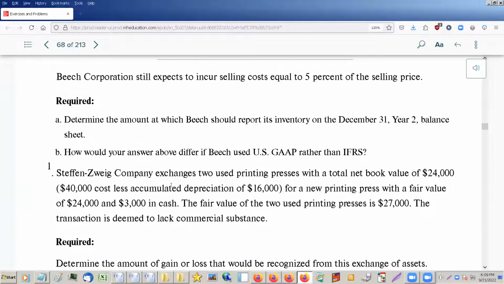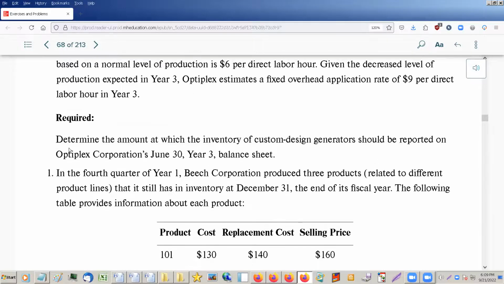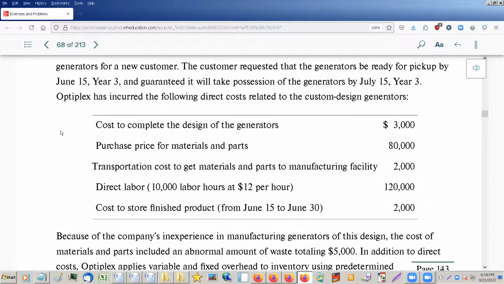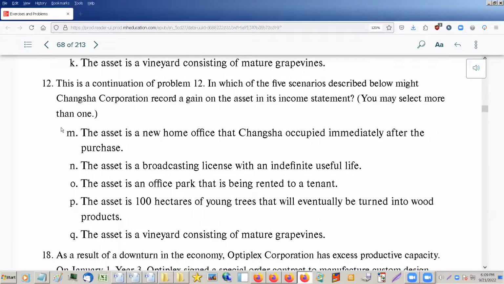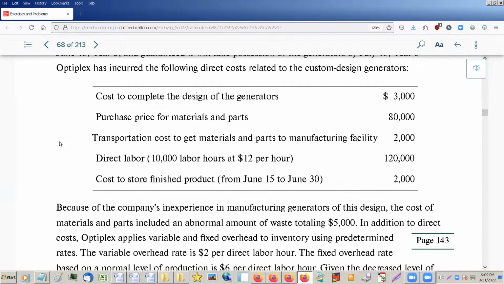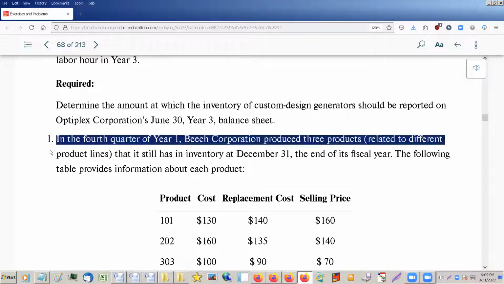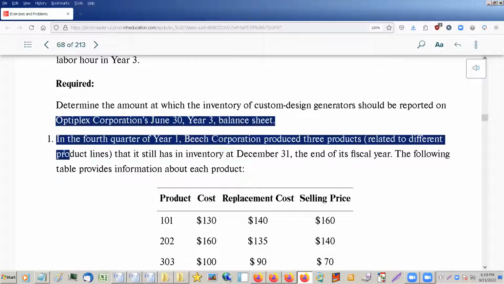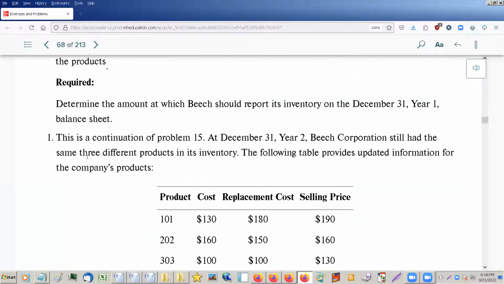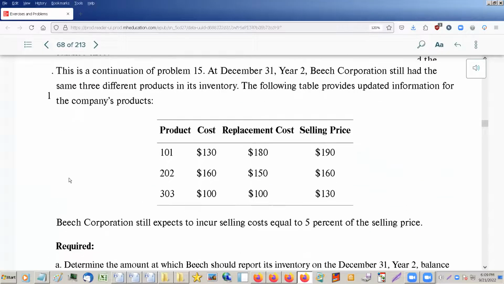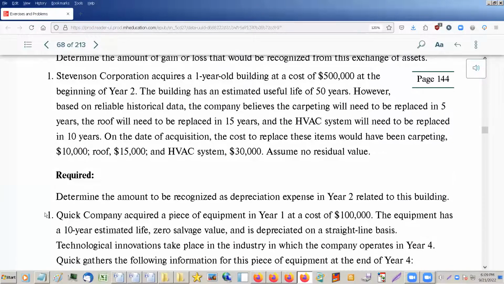Do you guys have this in yours? That all the problems are number one? No, it doesn't look like it for me. Because all of these problems, they're all number one. So here's number one, I think that's actually problem 15. Here's problem one, that's 16, 17, 18.